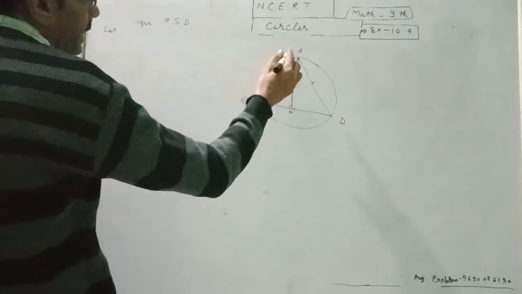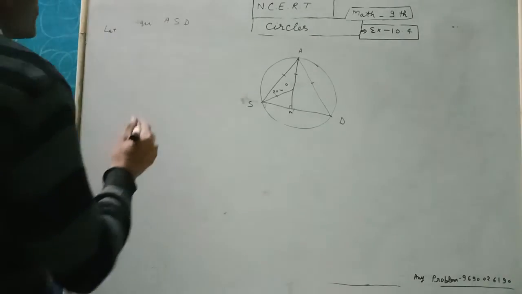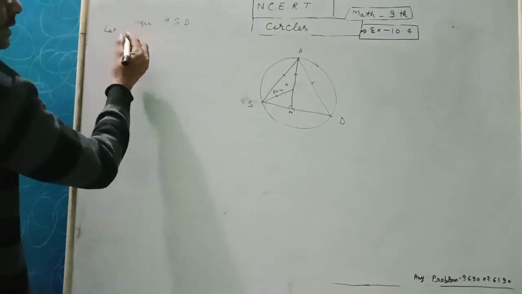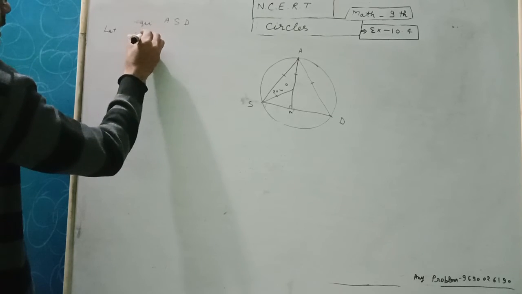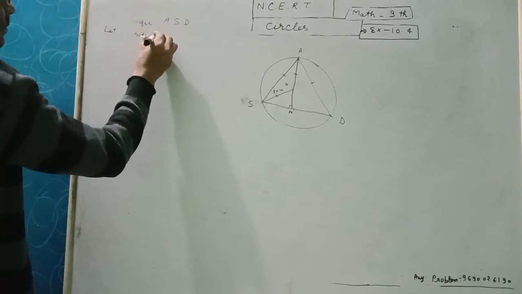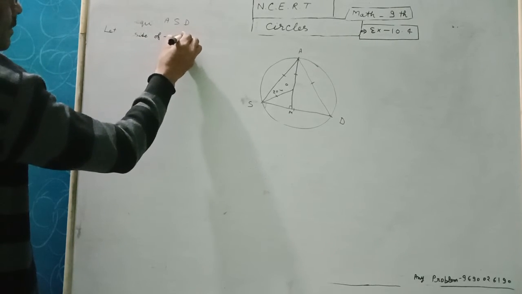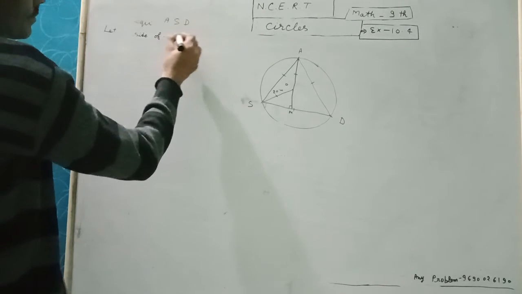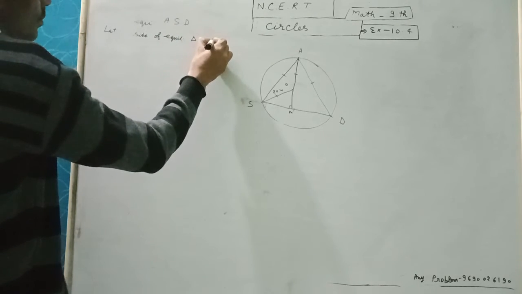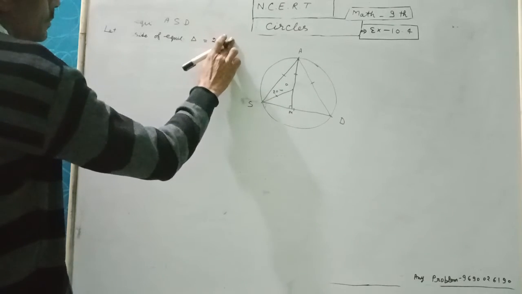So we find the AS or SD or AD. The side of the equilateral triangle is equal to 2x meter.